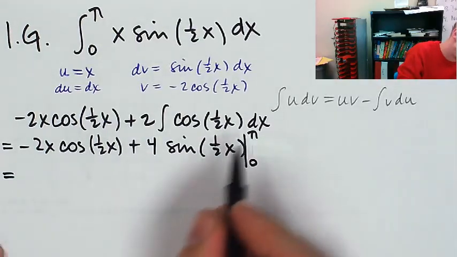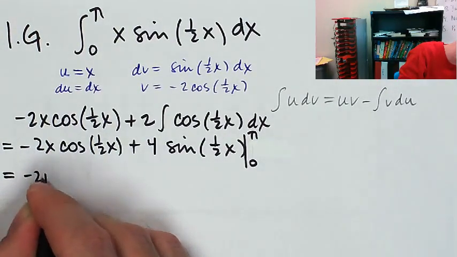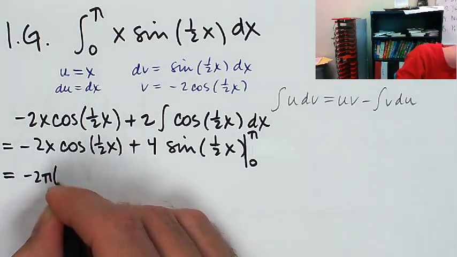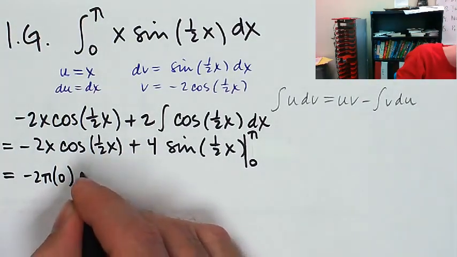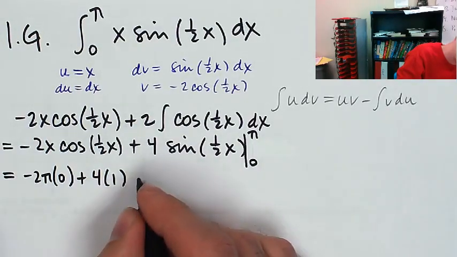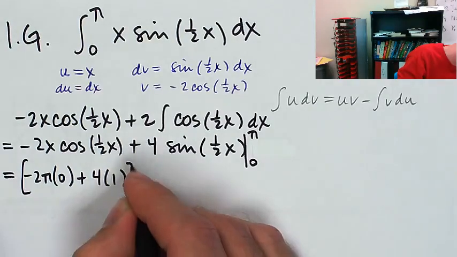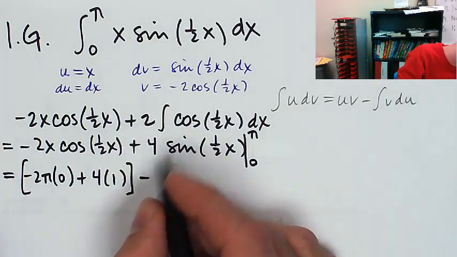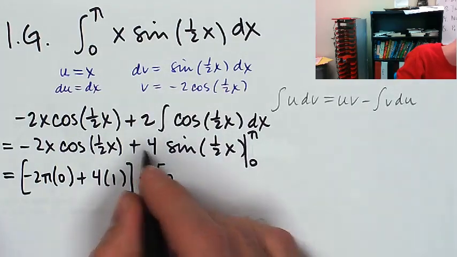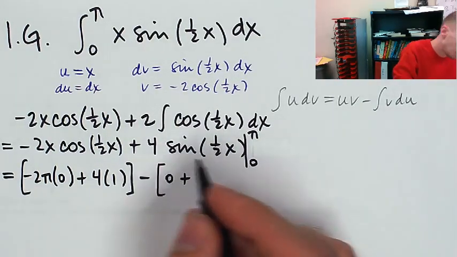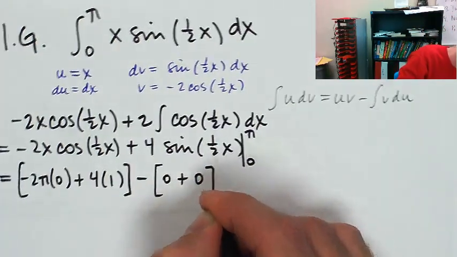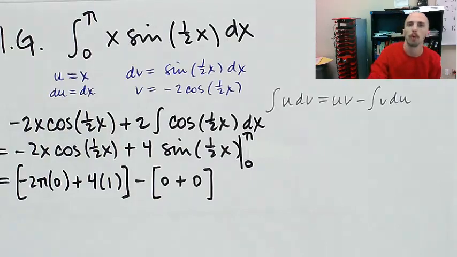That's going to be -2 pi times cosine of pi over 2, that's 0, plus 4 times the sine of pi over 2, and that's 1. That's when I plugged in pi. And when I plug in 0, I will get 2 times 0 is 0, plus 4 times the sine of 0 is still 0, and then that's going to be 4.